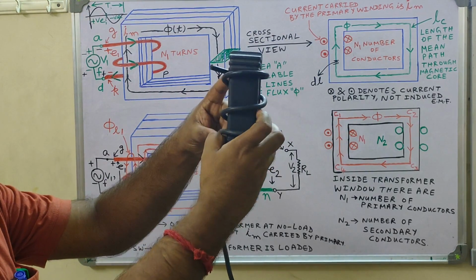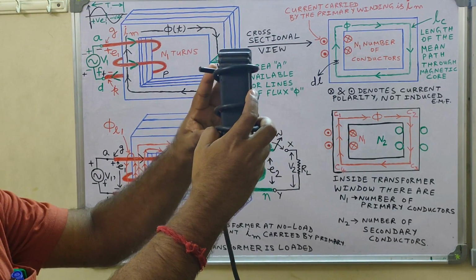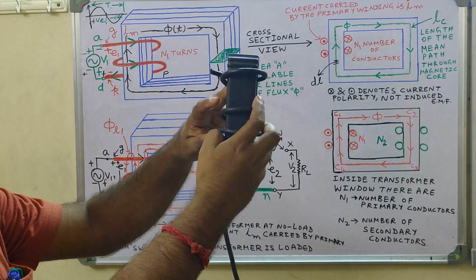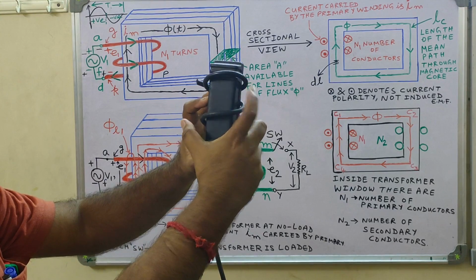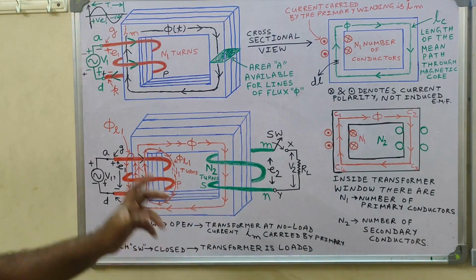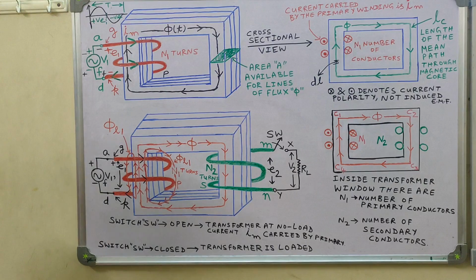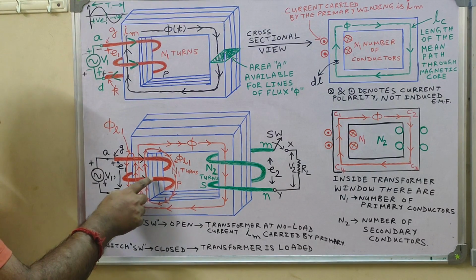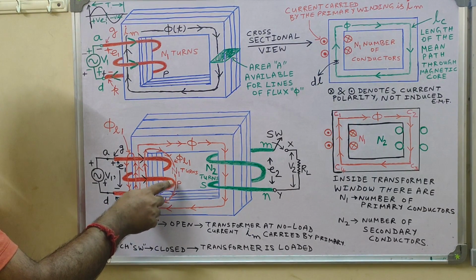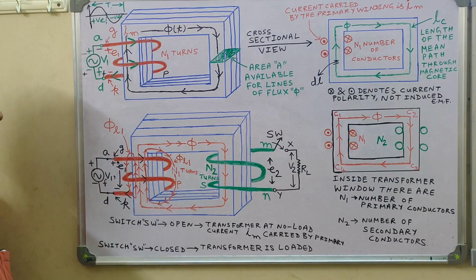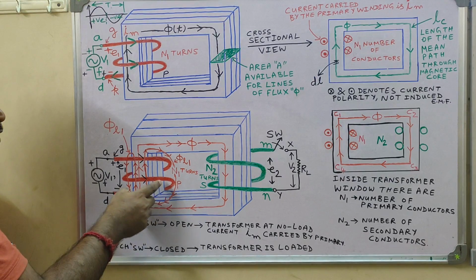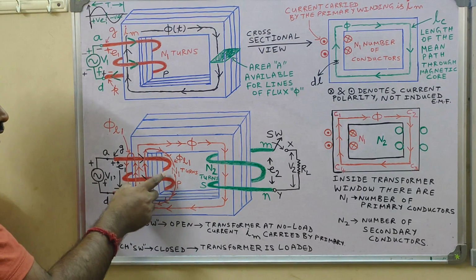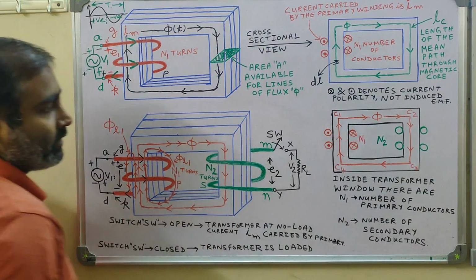if I am placing three turns like this, obviously the number of conductors on this side would be 3: 1, 2, 3. That is what I have indicated here: if the primary coil P has N1 turns, then the number of conductors in the transformer window belonging to the primary coil will be N1.